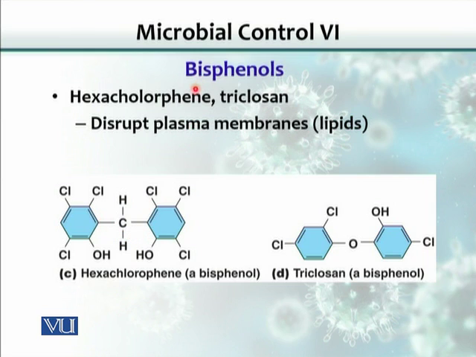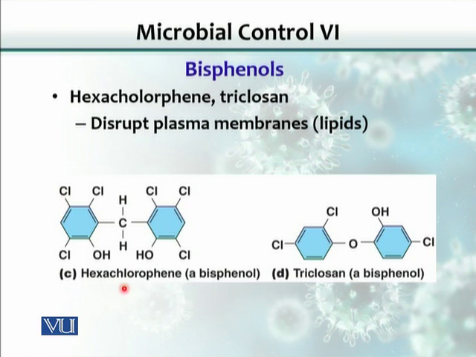Bis basically means two. So these are two phenols connected together through a bridge. These compounds have various properties. We know that they are used as antibacterial agents, but various compounds are created for their effectiveness. Some work in organic matter, some have a pleasant odor, and that is the property that we use.